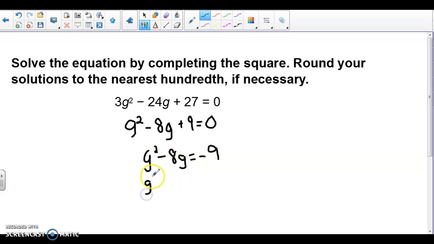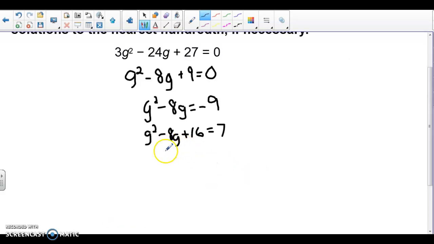So half of negative 8 would be negative 4, squared is positive 16, so we're going to add 16 to both sides. If we add 16 to negative 9, we get 7. And from this point, we'll factor this side, which will give us g minus 4 squared.